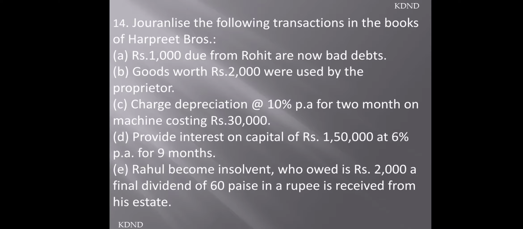And a final dividend of 60 paisa in a rupee received from his estate means when all his assets are sold out, on 1 rupee he is able to pay 60 paisa. So on 2000, how much will he be able to pay, that we are going to understand.